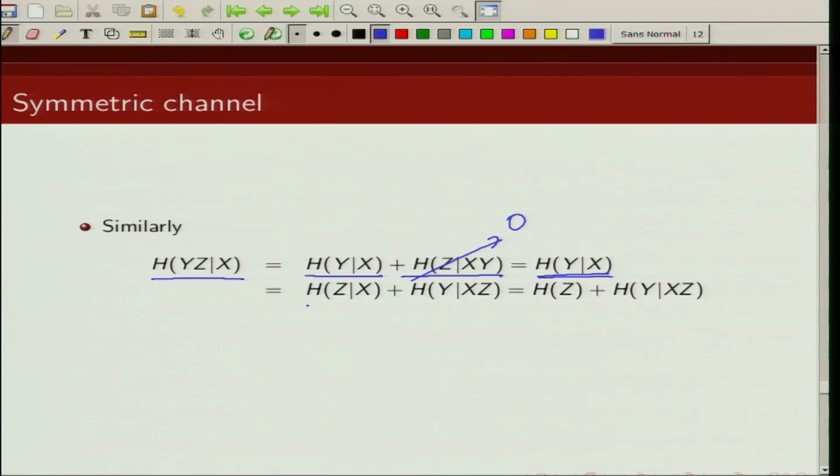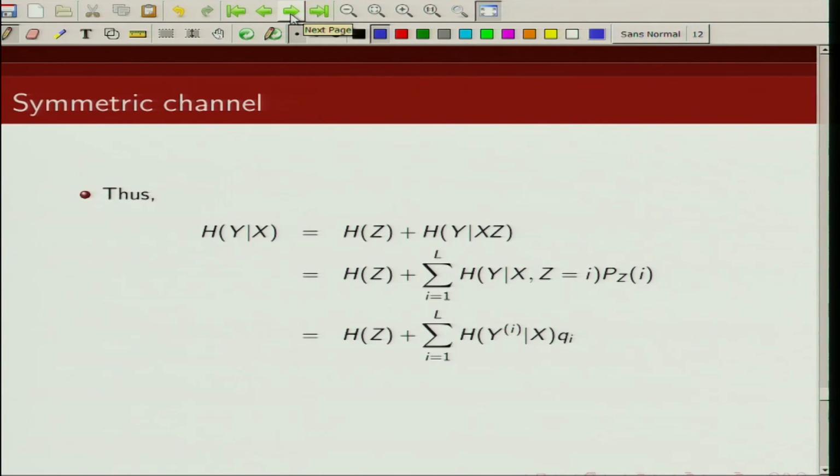Now I can apply chain rule again in a different way, and I can write this expression as uncertainty in z given x plus uncertainty in y given xz. Now x and z are independent, so knowing x does not give me any information about z. So this will be h of z plus h of y given xz.